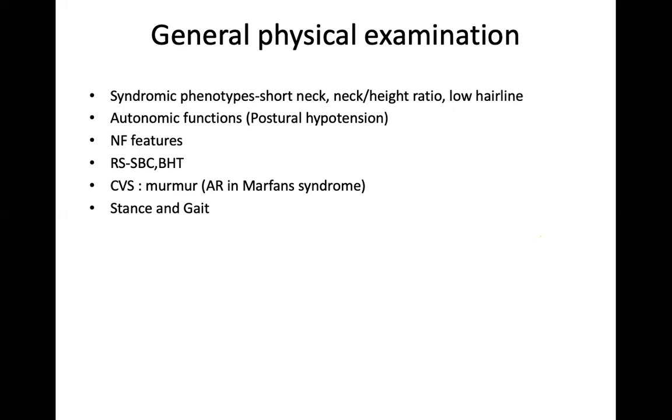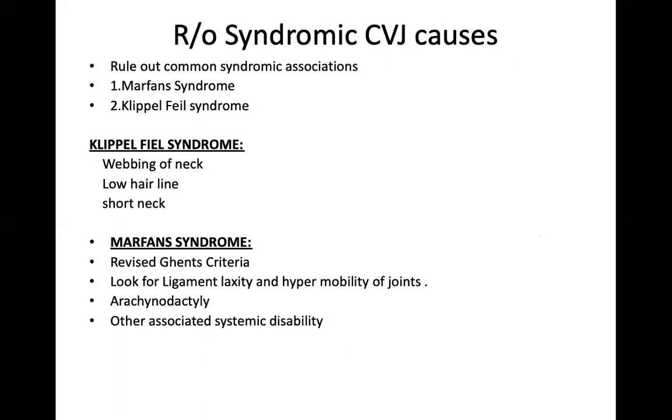Obviously, it will most likely be a spastic gait because of the compression of the corticospinal tract. These factors are important, and if you say that right at the beginning of your examination, that gives a very good impression that you know what is relevant to this particular case.